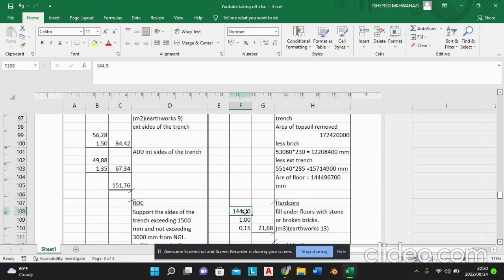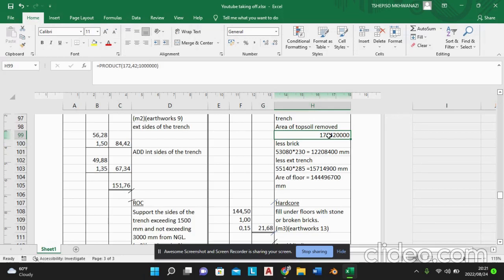And then you just remember this thing is in millimeters, and then you will have to convert. Let me start here. Here we had our area of the topsoil removed, it was in meters. To convert it to millimeters, I'm sure in the description column we write our dimensions in millimeters.